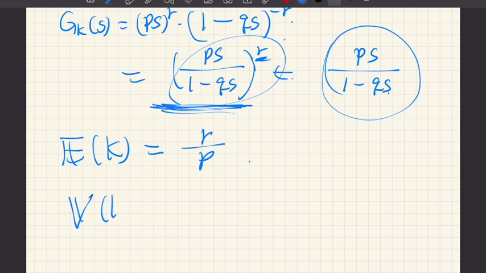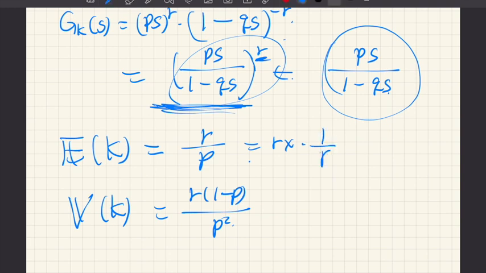The variance should be r(1 - p) over p squared. And again, this is just r times the expectation value of the geometric random variable.